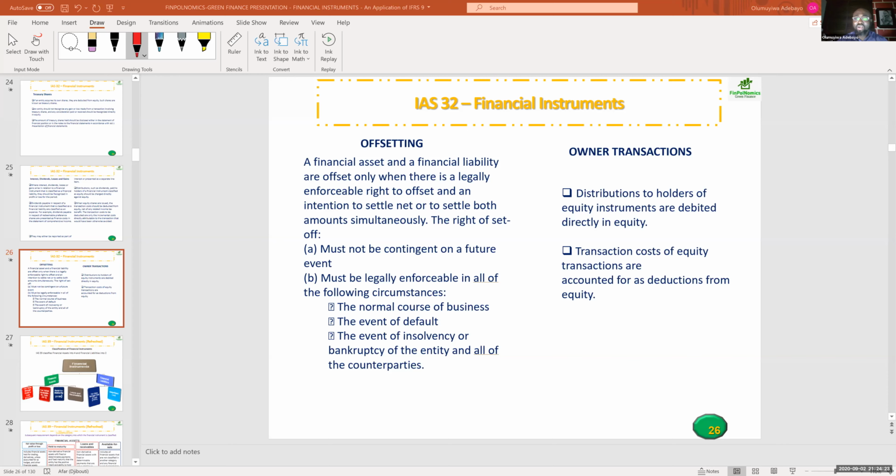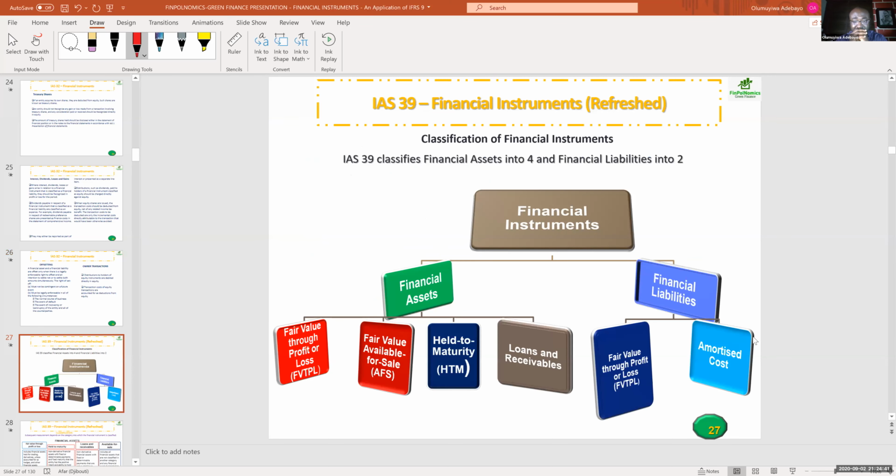Okay. Now, I won't jump into IFRS 9 without bridging the gap between where we were before and now. Before now, we had what we call IAS 39. IAS 39 was the old standard for the recognition and measurement of financial instruments. Under IAS 39, financial assets are classified into 4 buckets, while financial liabilities are classified into 2 buckets.